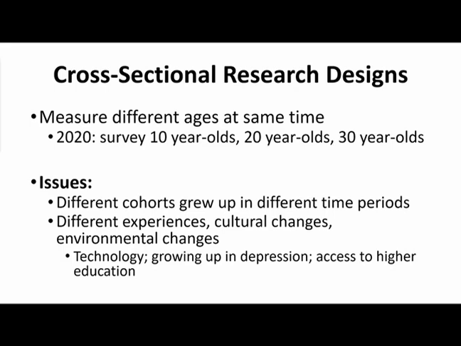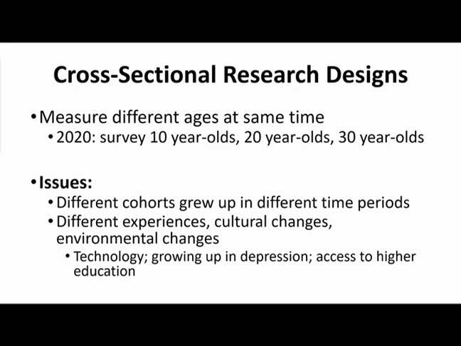So we were in different cohorts and have different experiences just because we grew up in different time periods. We can also look at things like people who grew up in the Depression, any of the depressions, where there were financial problems and social problems, and that can influence all sorts of different aspects of the people that you're studying.